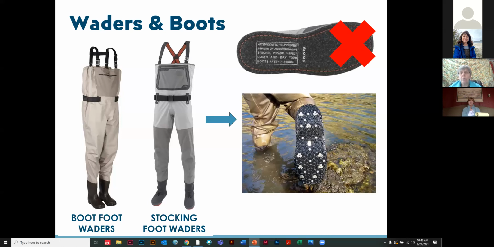So here are examples of boots. This actually applies to both types of waders, boot foot waders or stocking foot waders. This is a little bit of an older design, and in some states it's actually illegal to sell these any longer.